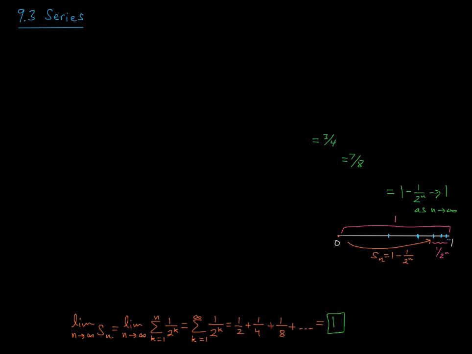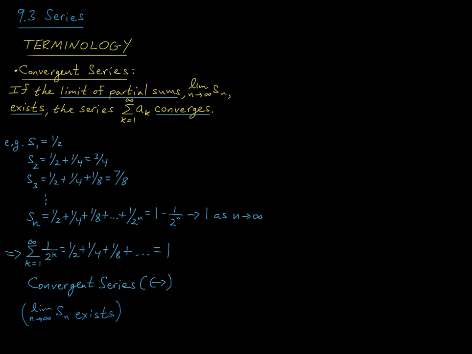Now let's look at a bit of terminology. First, what is a convergent series? We've talked about convergent sequences. Well, if the limit of partial sums exists, then we say that the corresponding series converges. Here again is the example from Zeno's paradox.